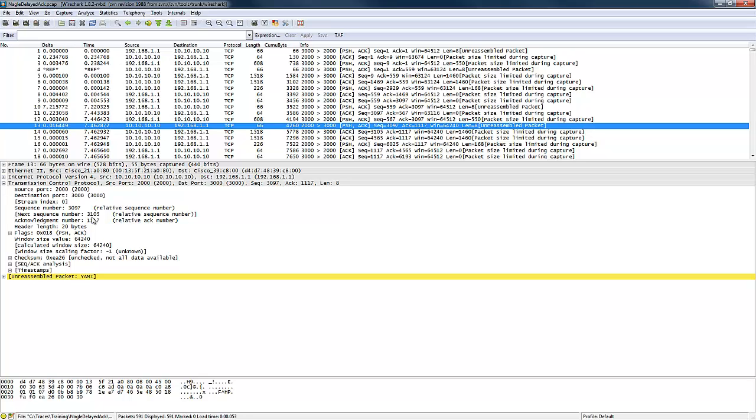Also keep in mind that packet number 13 was able to go even though it's non-full MSS because there is no outstanding data on the wire from 10.'s perspective. 192.168 has already acknowledged everything that the 10.0 server has sent out. Okay? So because there is no unacknowledged data on the wire, and because the push bit is set, the 10.0 was able to send even a small packet.